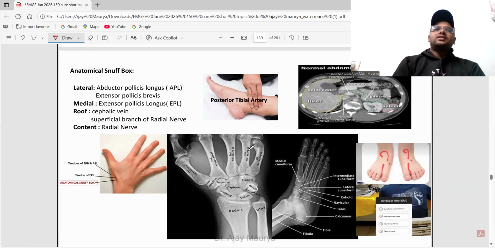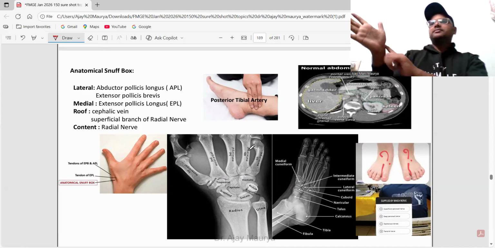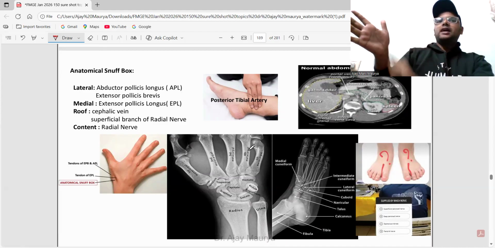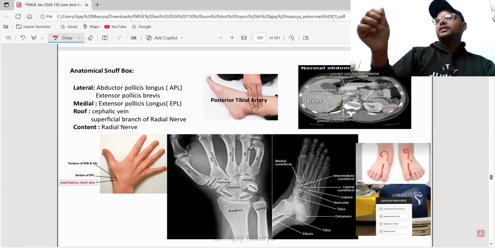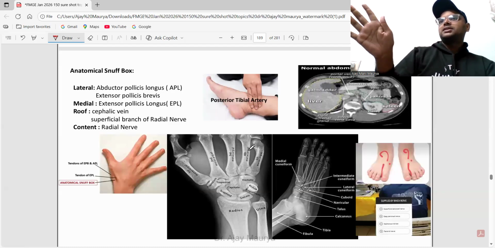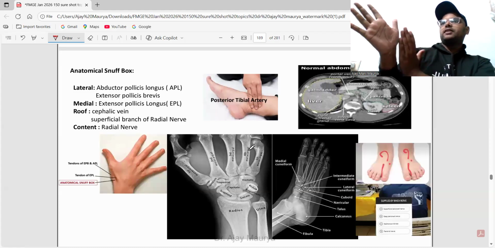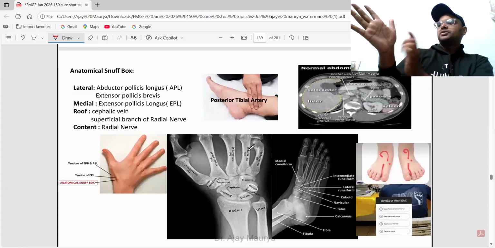What is pollicis? Thumb. Longus means long, brevis means small. Why are we calling it abductor? This is the adduction, this is the abduction. So we put it like this. This is the lateral part.